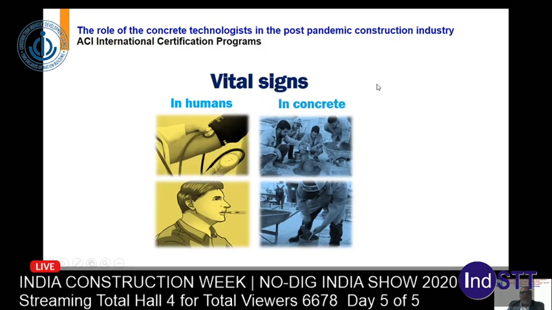Why is it important, or what are the benefits that we can get? Why should a professional like a civil engineer or an architect have a certification as a technician? If we make a comparison with the procedures followed in a hospital or a clinic, we see that the vital signs normally are monitored or measured by a nurse.